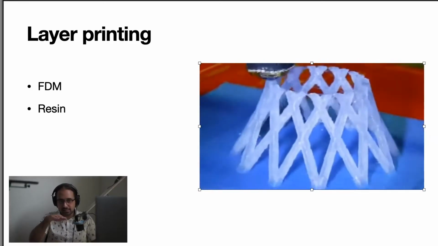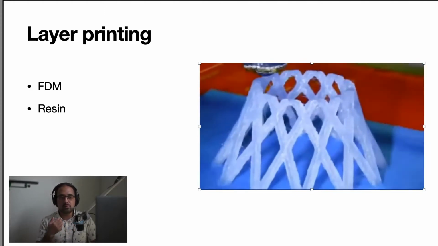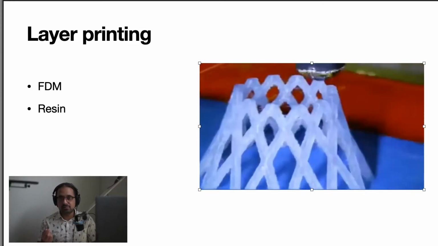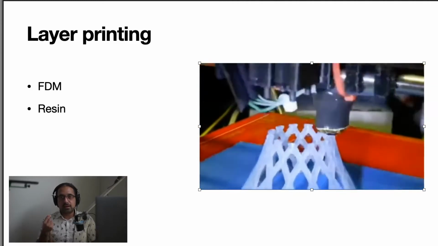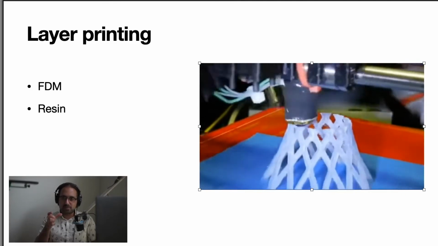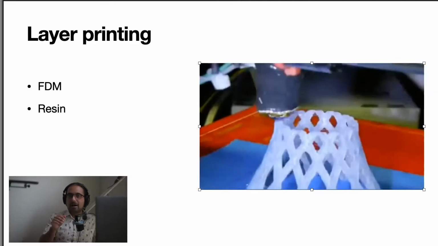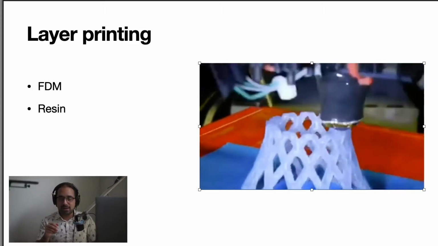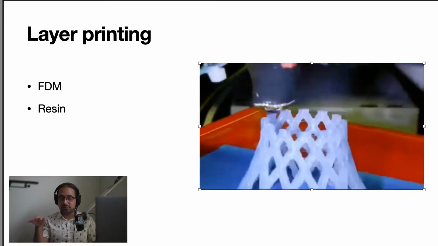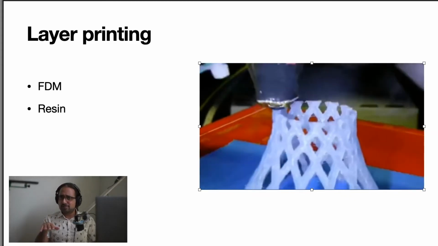The entire layer is exposed all in one go, which means that even though the prints are perhaps higher quality than you'd get out of an FDM printer, they are limited by the size of your LCD screen. Also, the resin itself is quite toxic. You need adequate ventilation, and you need to dispose of the used resin fairly carefully, because it's a bit funky.